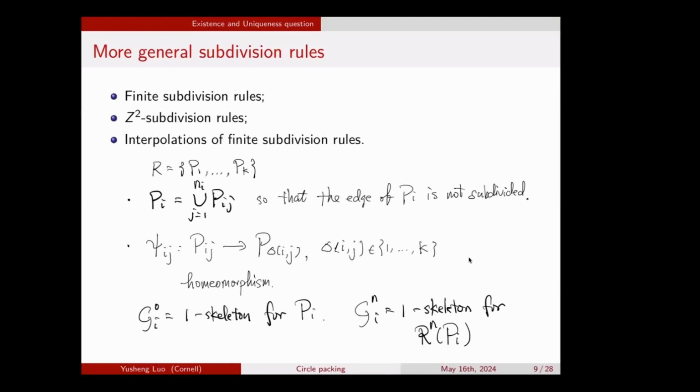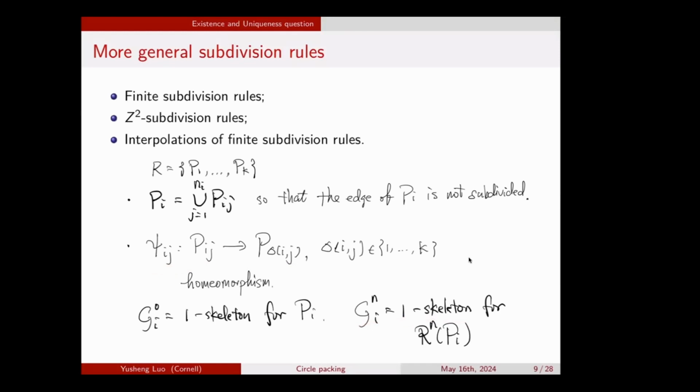Right. So because of this identification of the small polygons with the bigger one, we can iterate this procedure. And then we are going to look at this one skeleton, which is going to be a plane graph.